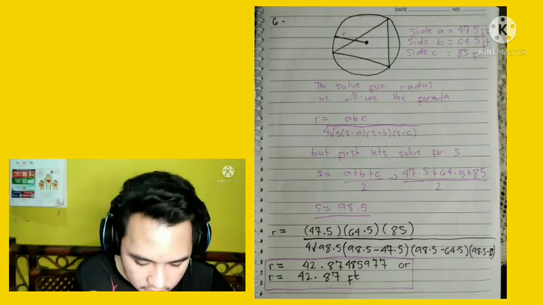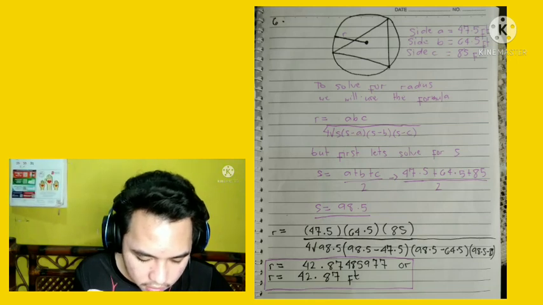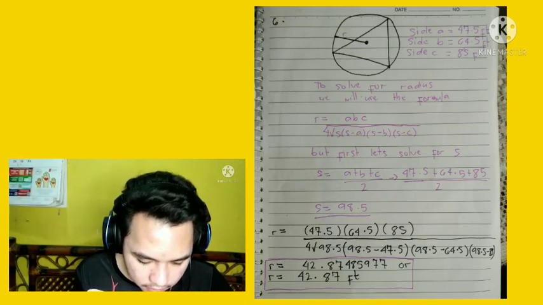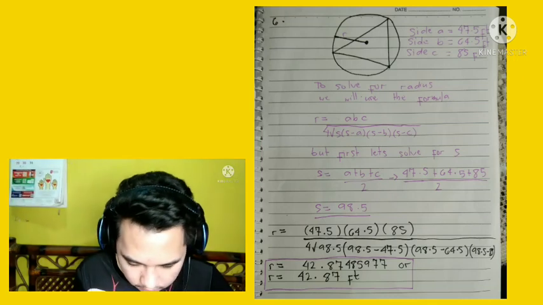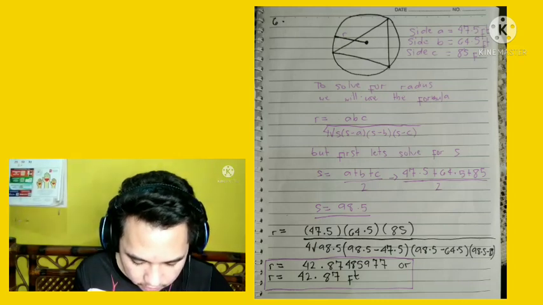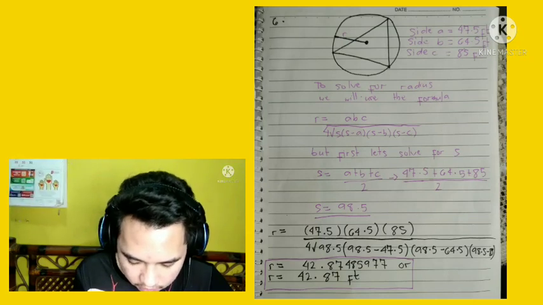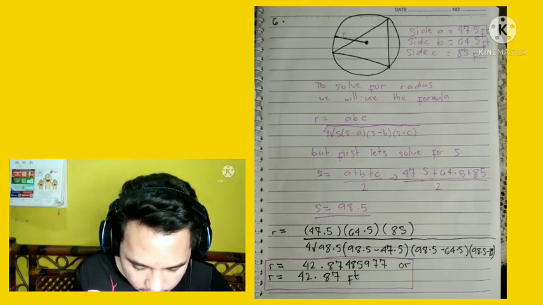So now we have what we needed, so we can solve for our radius. So our abc is 47.5 times 64.5 times 85 over 4 square root of our s, which is 98.5, times 98.5 minus our a, 47.5, times 98.5 minus 64.5, and 98.5 minus our 85.